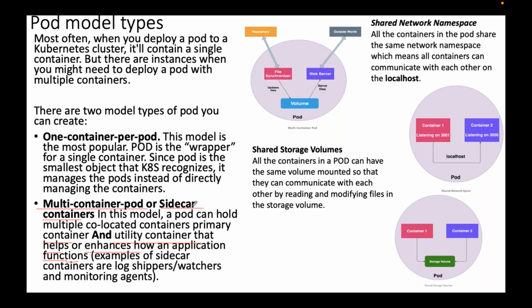Some examples I can say. Suppose this main application, this main container, is generating a lot of logs or a lot of files. Can I have some helper container which will take the logs from this main container and send them somewhere else? Let's say this is my main application, main container. It is generating a lot of logs. Can I have one helper container which will process those logs and send them somewhere else?